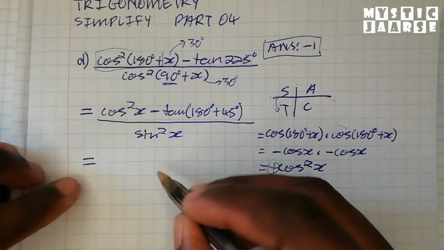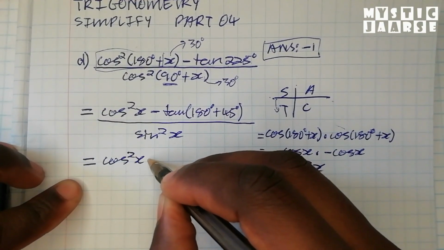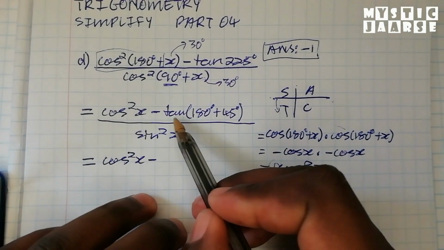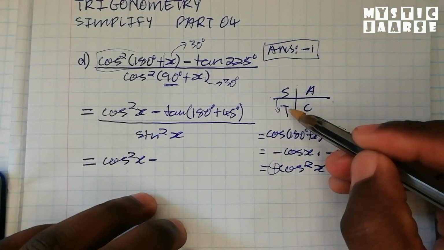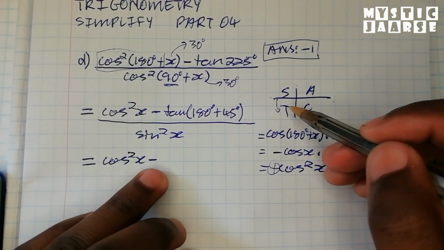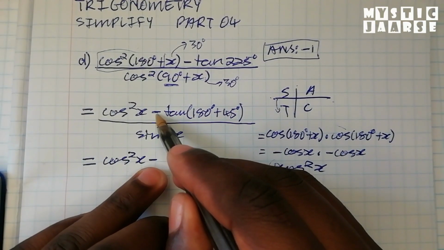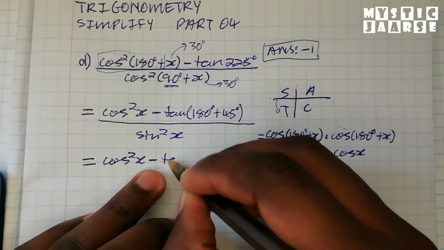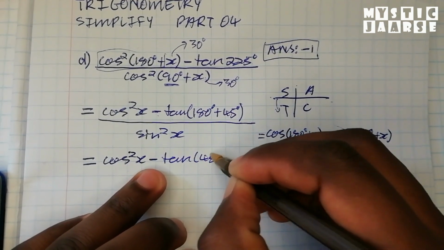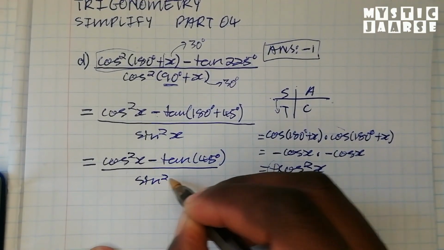Let's proceed. Now we have cos squared x minus, now tan of 180 plus, that's the third quadrant, and tan is positive, so we're going to have positive tan 45, but then it is multiplied by this negative, so we will have negative tan of 45 degrees divided by sine squared x.